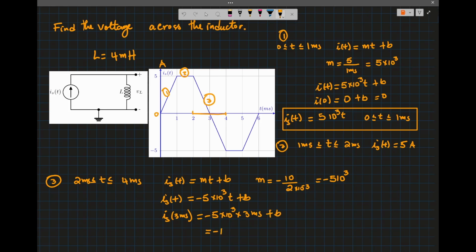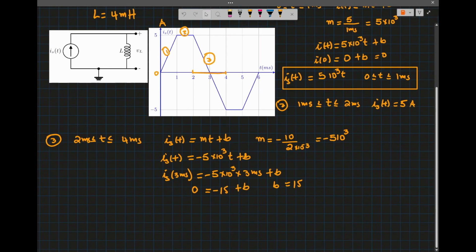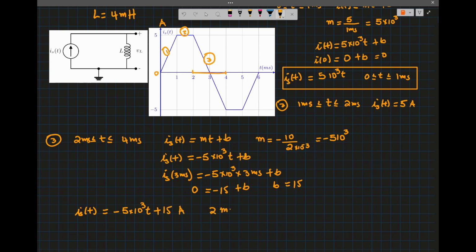So that gives me -15 plus b. I know that is equal to 0. So b equals 15. So for this section, i of t is -5 times 10 to the 3 t plus 15 amps, for 2 milliseconds less than or equal to t less than or equal to 4 milliseconds.